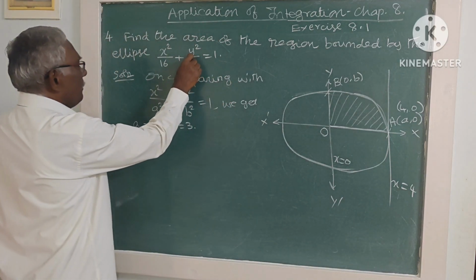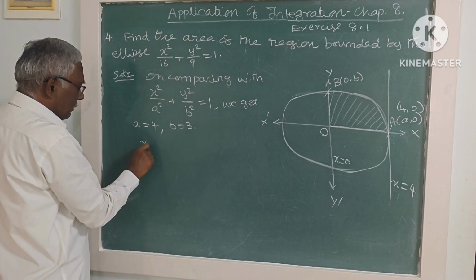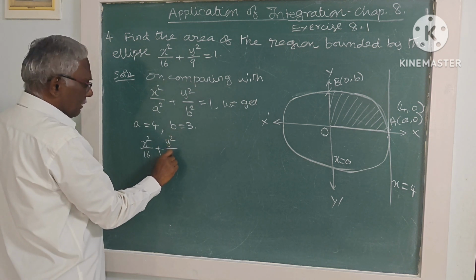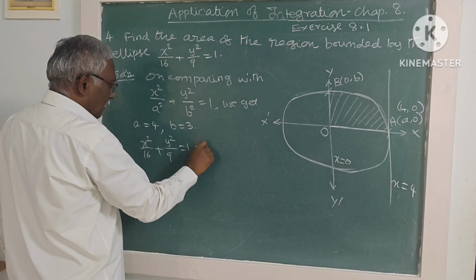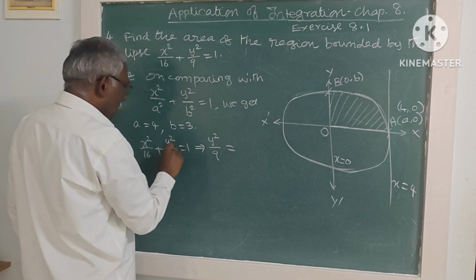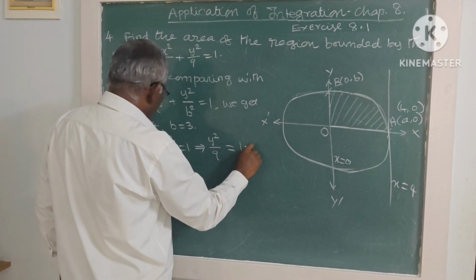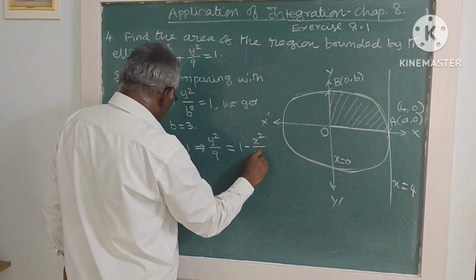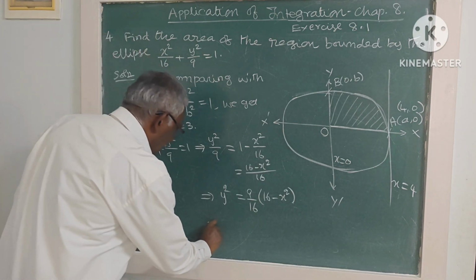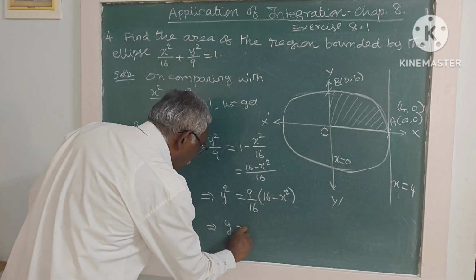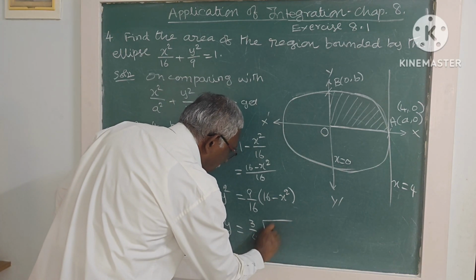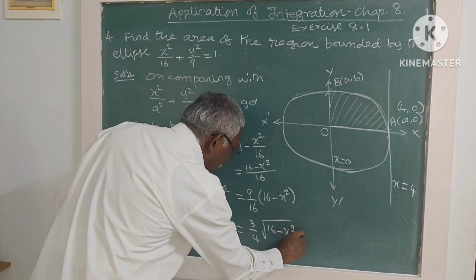For that we have to go here: x squared by 16 plus y squared by 9 is equal to 1. This gives y squared by 9 is equal to 1 minus x squared by 16. So this gives the value of y is equal to 3 by 4 square root of 16 minus x squared.